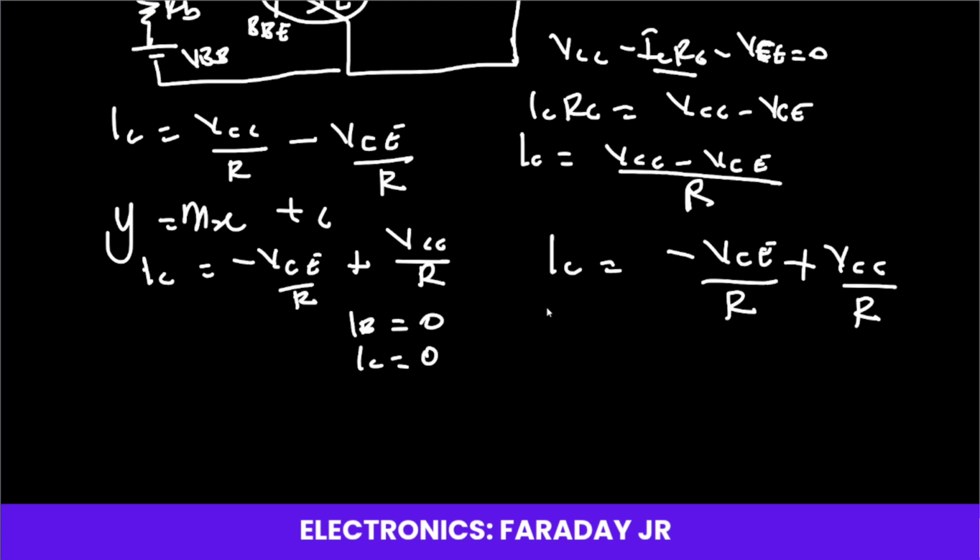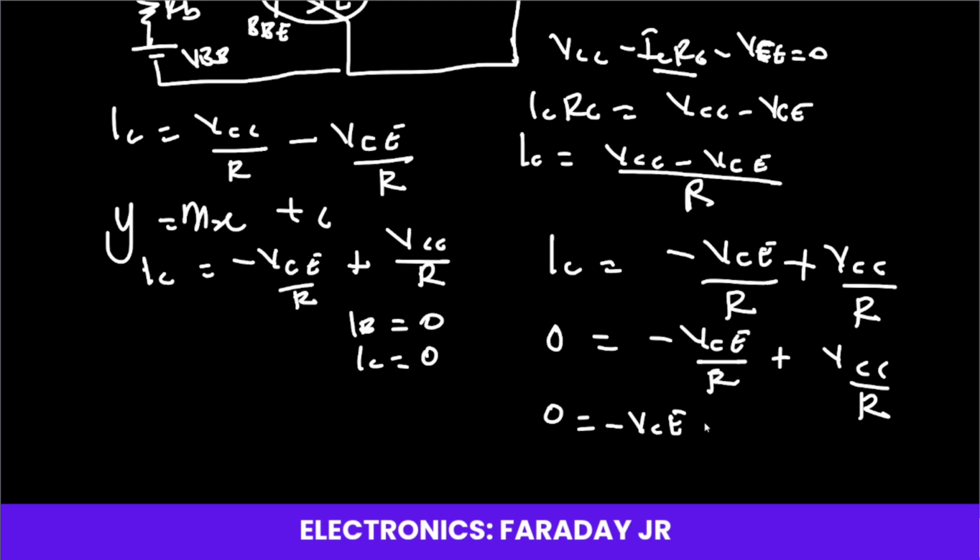If IC is equal to 0, we get 0 equal to minus VCE over RC plus VCC divided by RC. If you multiply through, we end up getting 0 equal to minus VCE plus VCC. So we can send this to the other side of the equation, which means that VCE will be equal to VCC. So this is the condition for cutoff to occur.